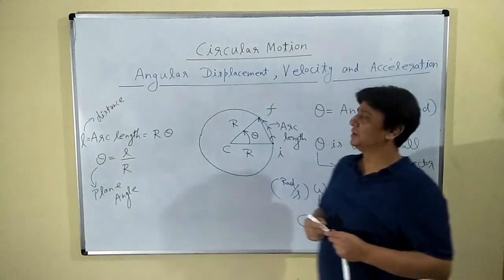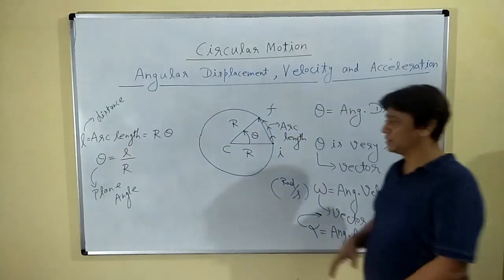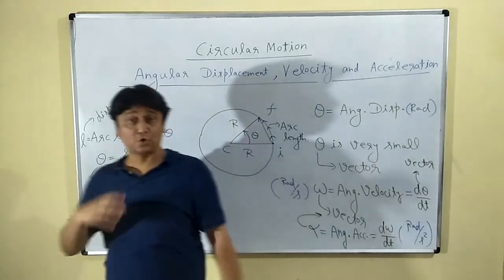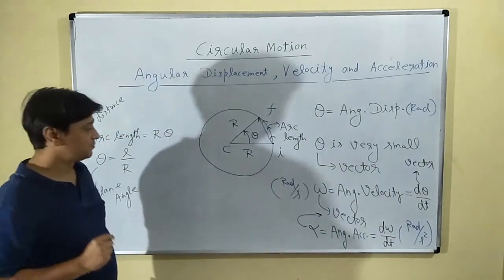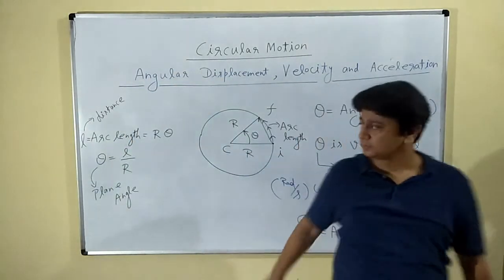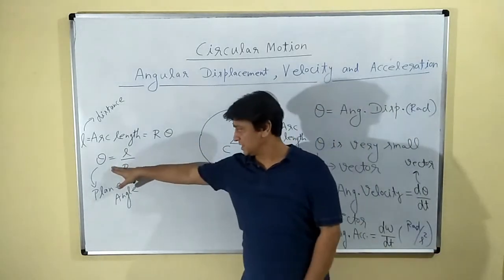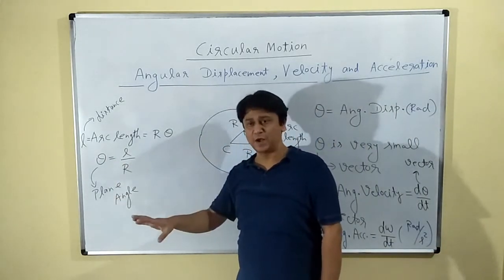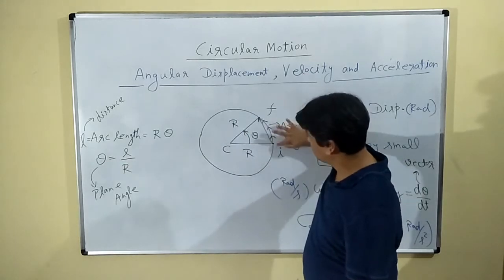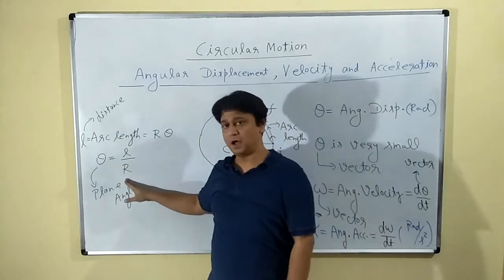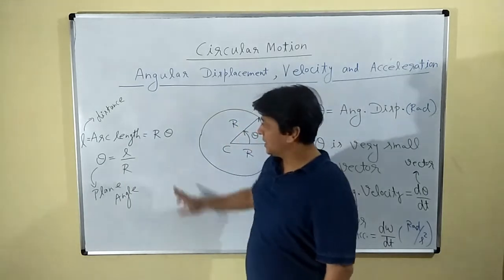वहां पर आप solid angle का concept भी देखोगे. Solid angle is something which a cone forms at its vertex. That we'll see in 12. Right now, this theta is what? Plane angle. How do you define plane angle? Arc length divided by r. What is L?